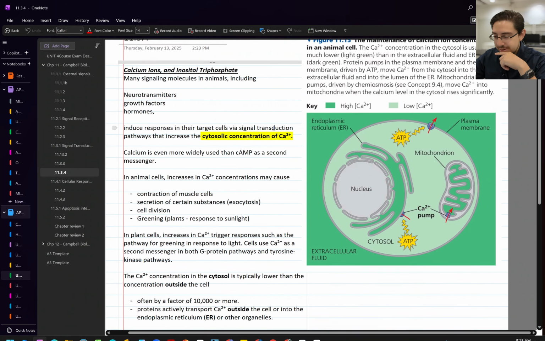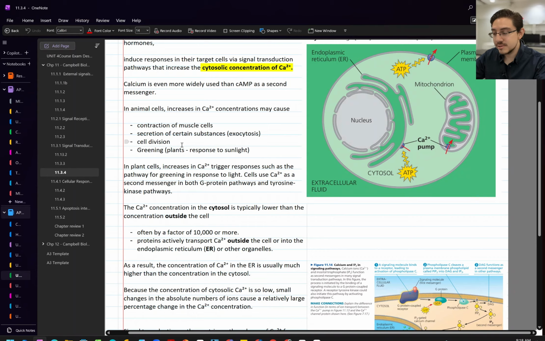In animal cells, an increase in calcium concentration can cause several things: contraction of muscle cells, secretion of substances, generally by exocytosis, cellular division, and greening of plants in response to sunlight.